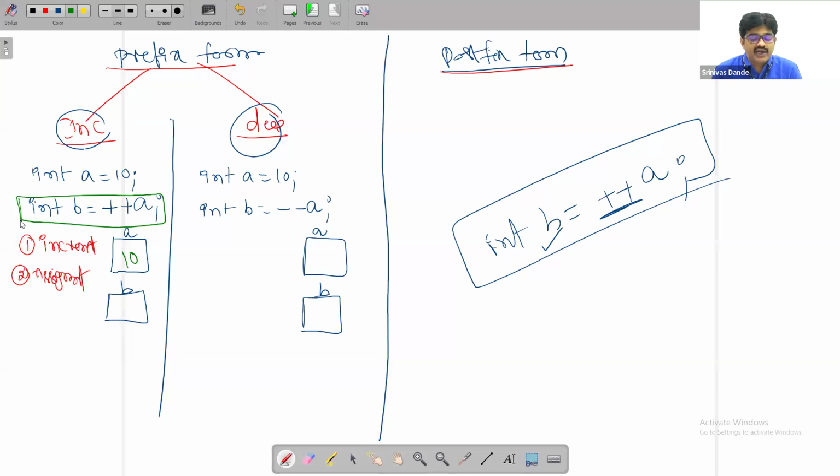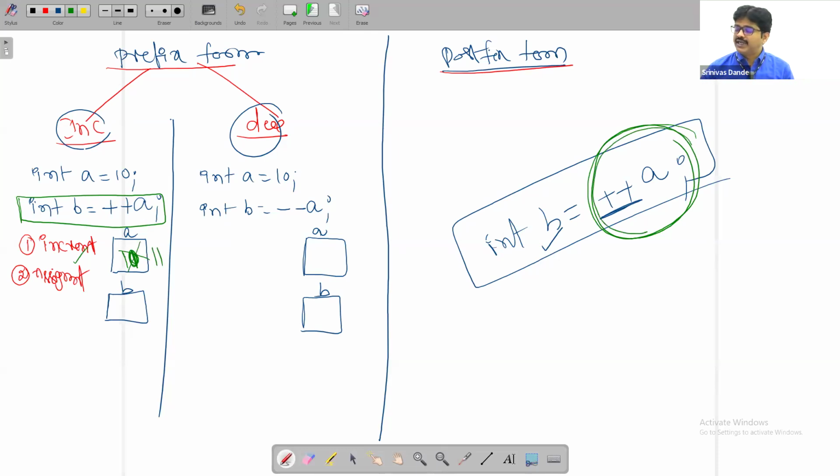A also 11, right? First increment will happen. Increment of a, first you are doing this operation. Plus plus a means first increase the a value by 1. So a becomes 11. First it is 10, then a becomes 11.